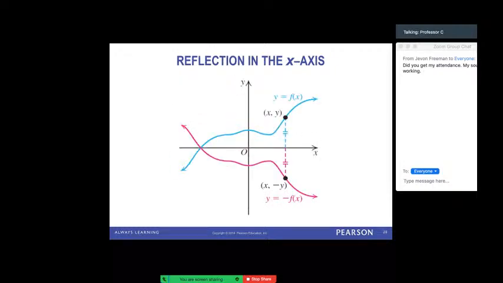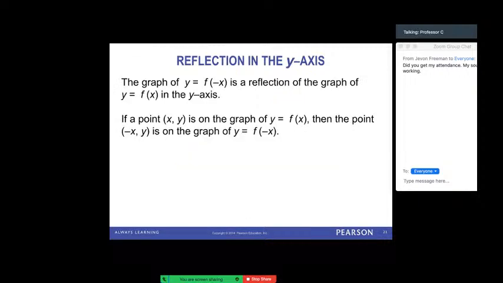So if we have our function, whatever the function is, if we multiply the outside of our function by a negative, the x's are staying the same, but the y values are going from positive y to negative y. So if we flip over the x-axis, then we get a reflection like this, right? So if we multiply the outside of our function by a negative, it flips it top to bottom, over the x-axis.